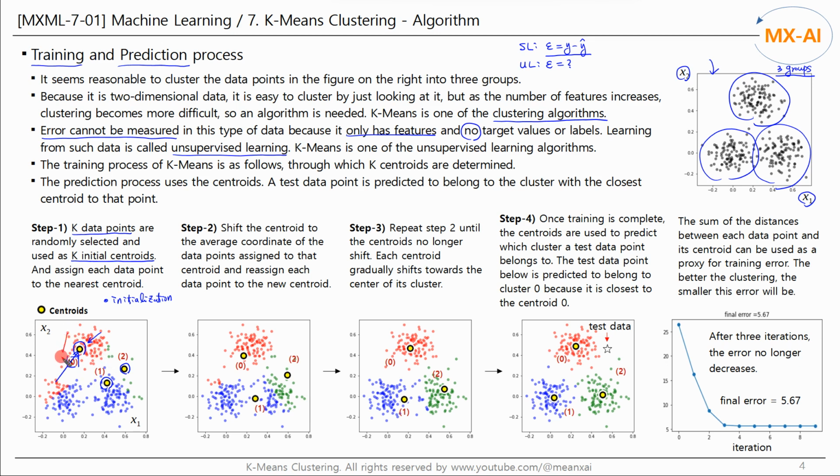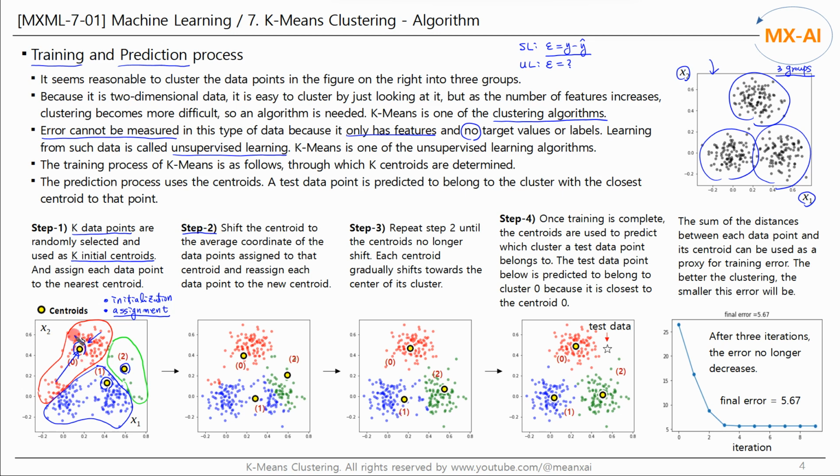Red data points belong to cluster 0, and blue data points belong to cluster 1. And the green data points belong to cluster 2. This is the data assignment process. Step 2 calculates the average coordinates of these data points.